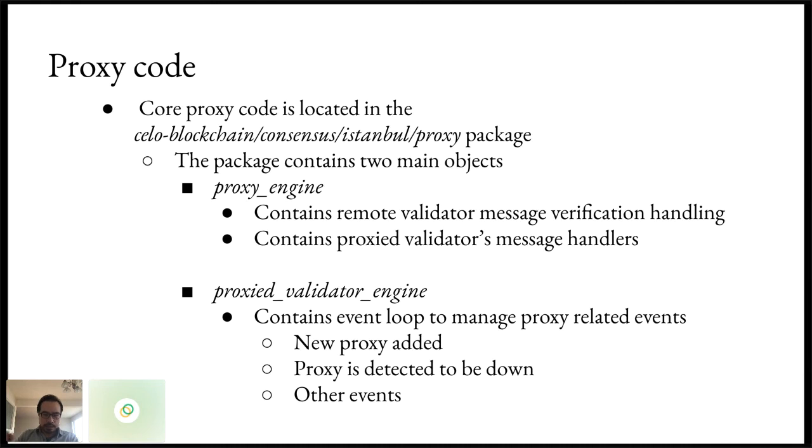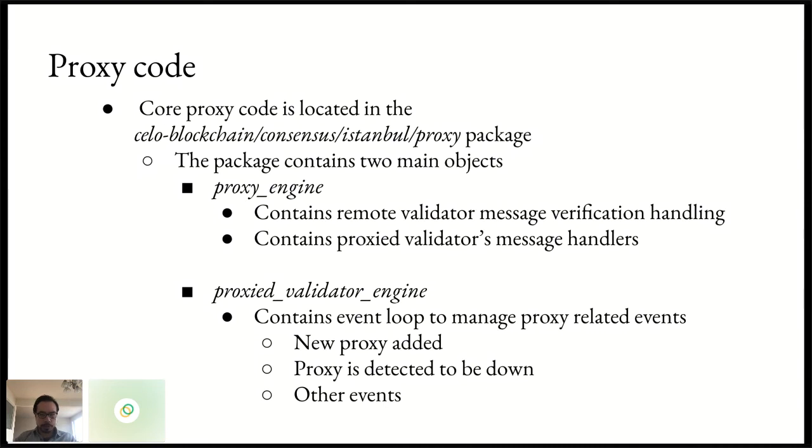The main logic of this object is all implemented within a go routine event loop. Similar to the announce go routine event loop, it would also basically listen to any events that are related to its proxy handling.